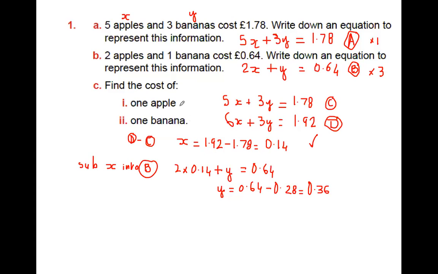Now, find the cost of one apple. You would go back and you would say one apple, 14 pence, and one banana, 36 pence. Now, do you think I'm going to stop there?